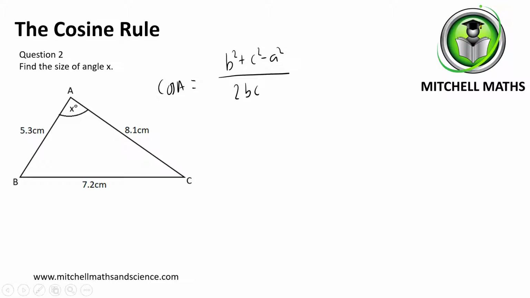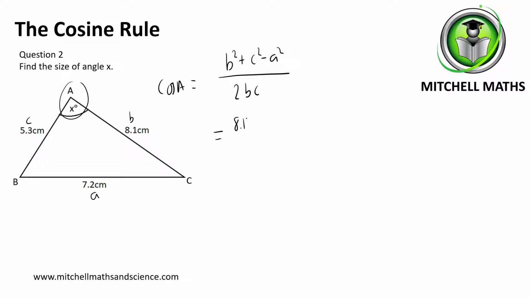Again, we're going to need to label a triangle, and the angle that you need to label as A, which it's already been labelled as. Sometimes it might not be. Therefore, this side is a, and B and C, it doesn't actually matter which way around you label them. So, again, it's just a case of plugging the numbers into the formula.